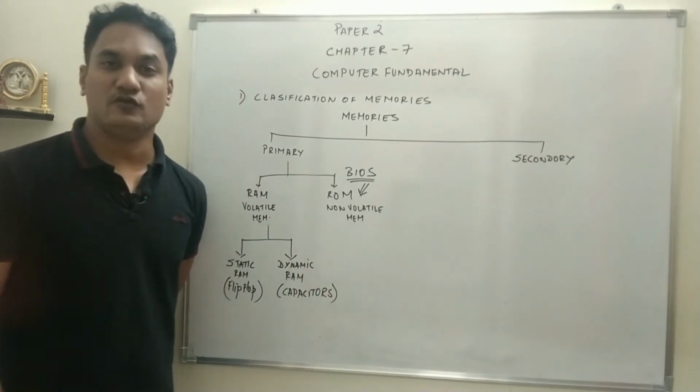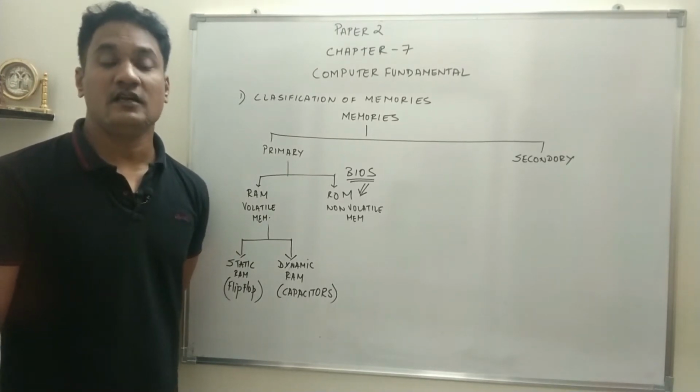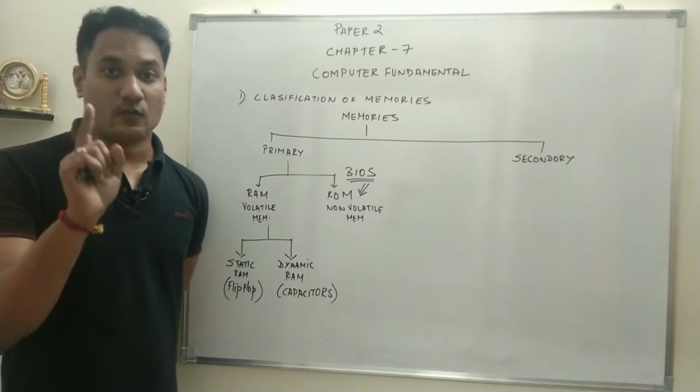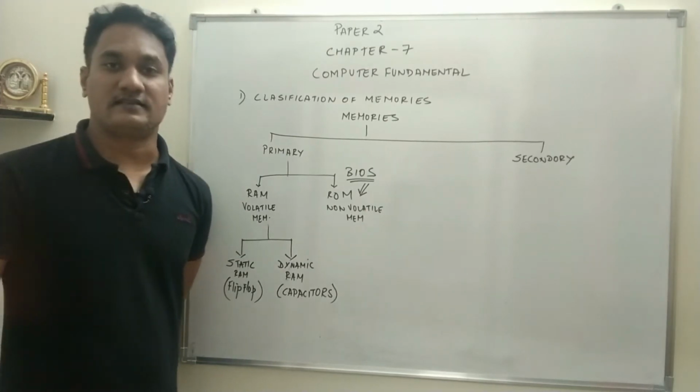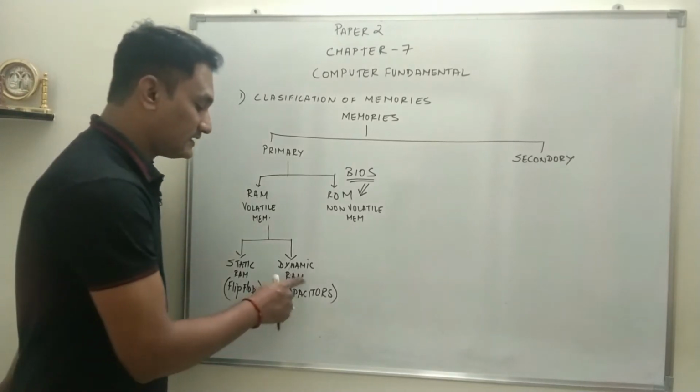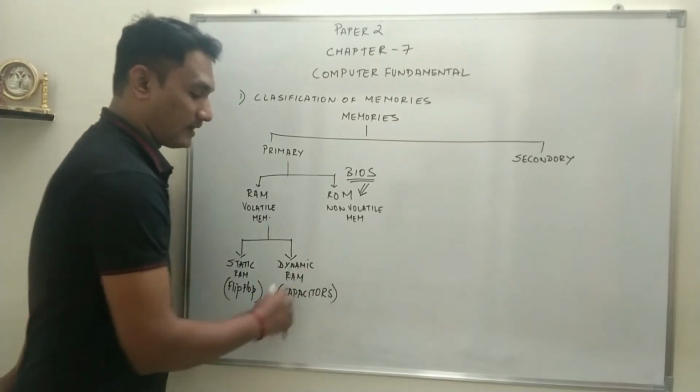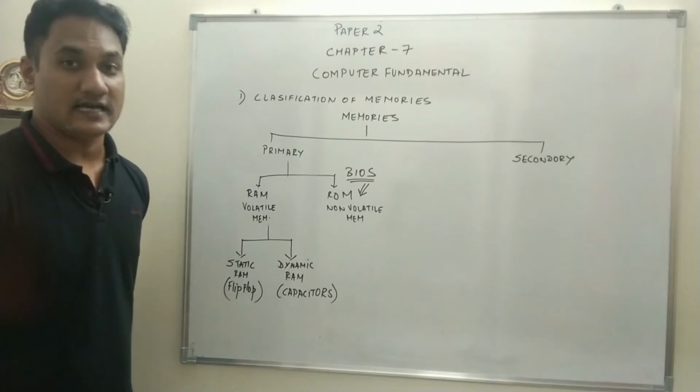Capacitors are basically used to store charge. A fully charged capacitor is considered to be stored as digital 1, and a completely discharged capacitor is considered to be stored as 0. So that is how a capacitor can be used to store data.